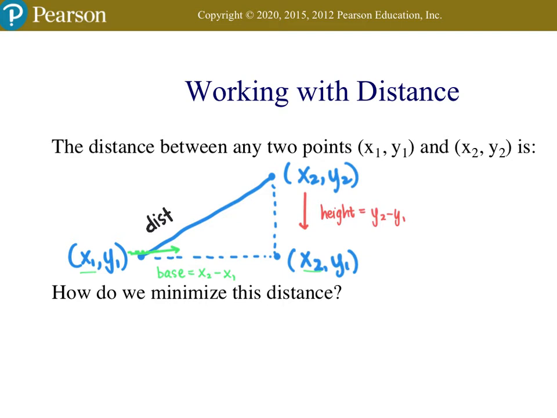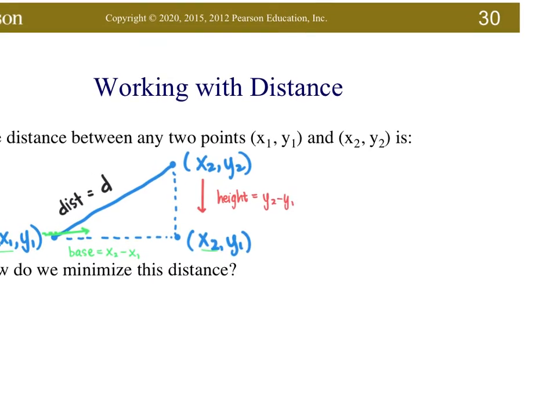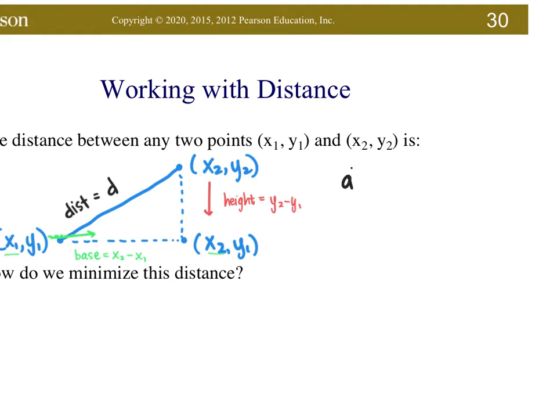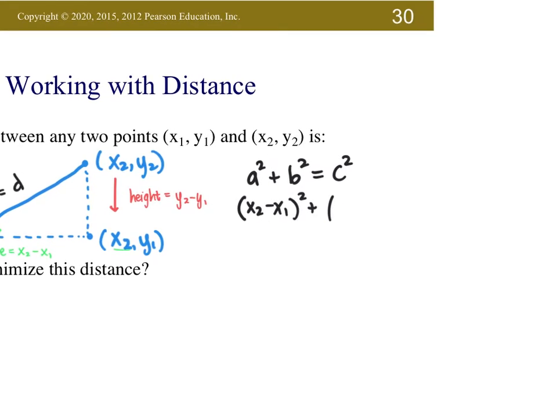is the Pythagorean theorem. A squared plus b squared equals the distance squared. So we're going to call that distance d. So if I say a squared plus b squared equals c squared, the a is the base, x2 minus x1 quantity squared. The b is the height, y2 minus y1 quantity squared, and the c is the distance d squared.